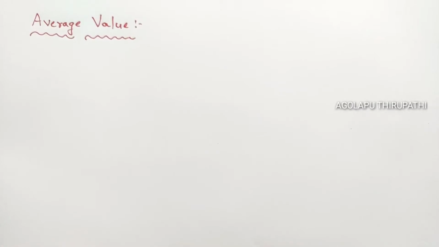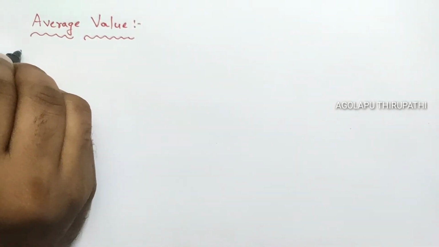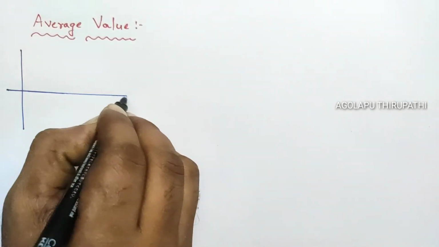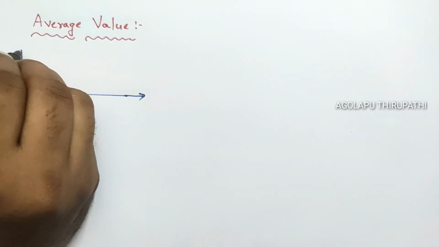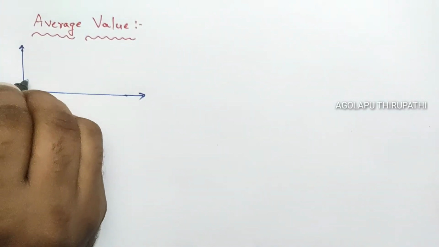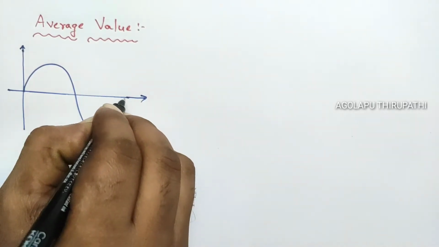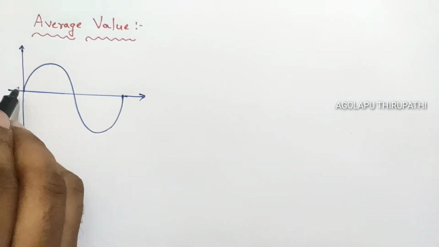In this video, we are going to see how to calculate the average value of a sine waveform. Let me consider one sine waveform. I am taking a current waveform here. This is a sine waveform.